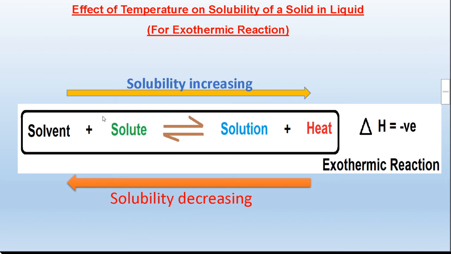In this reaction we can see on going forward solubility is increasing, in going backward direction solubility is decreasing. Also in forward direction heat is evolved, while in backward direction heat is absorbed.